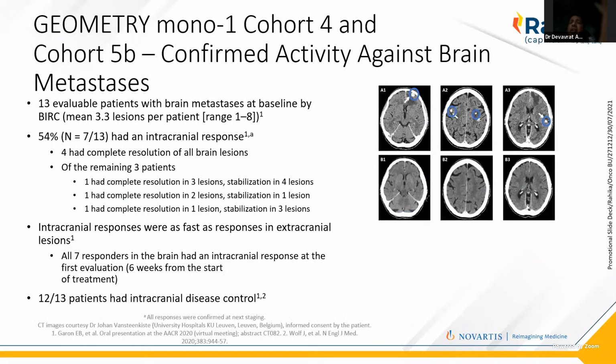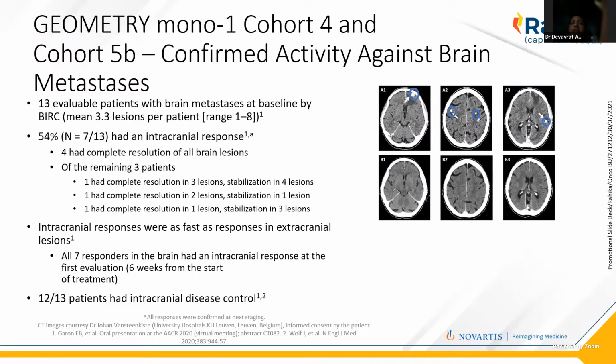What about intracranial activity? I think increasingly we are looking at drugs which have more CNS potency. Again, numbers are small. Remember, the mutation is not very common. There were 13 patients evaluable with brain mets at baseline. In this population, 7 out of those 13, so 54% of patients, had an intracranial response.